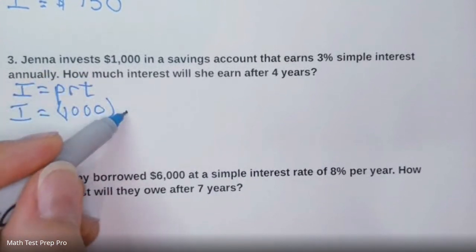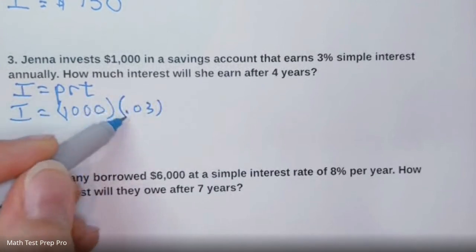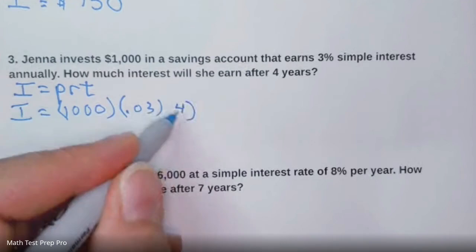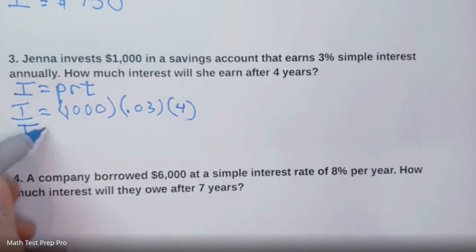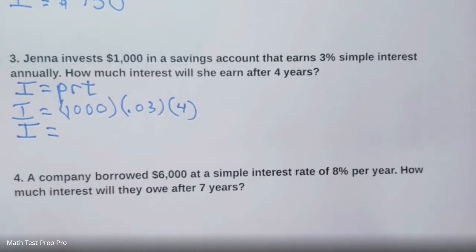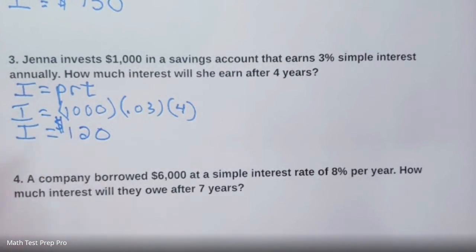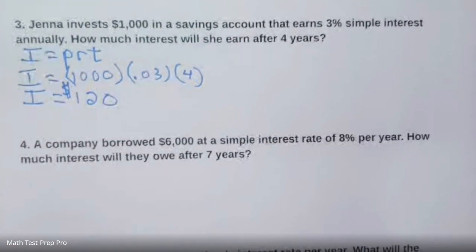That's the rate, 0.03. How much will she earn after 4 years? Time is 4. I'll do the calculator work: 1,000 times 0.03 times 4 equals $120. So the interest amount will be $120. All right, next question.